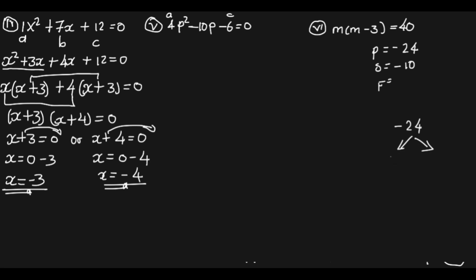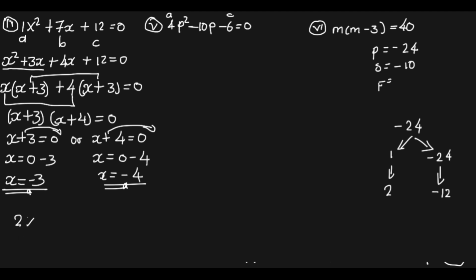Like we did, we are going to begin by dividing 1. So 1 into -24 is -24. 1 times -24 is -24. 1 plus -24 is -23. So we are unable to get the -10. So let's move on. Let's try 2. 2 into -24 is -12.